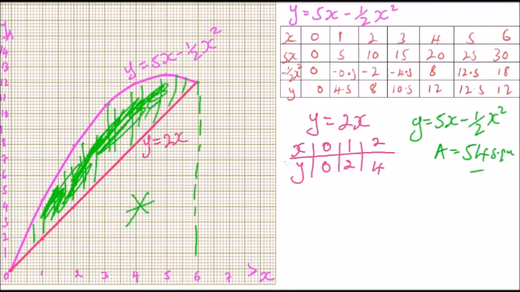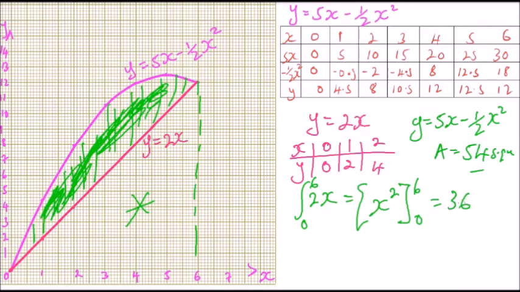So what we do is we integrate 2x, with limits 0 to 6. When you integrate, that will be x squared, with limits 0 to 6. This will give you 36, that is x squared minus 0. So that is the area in square units.